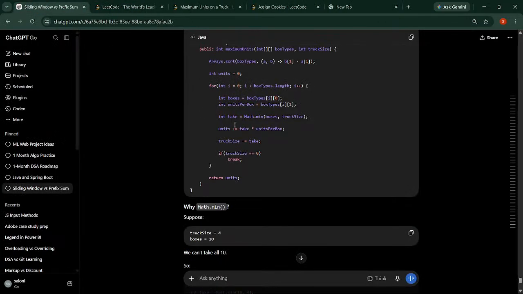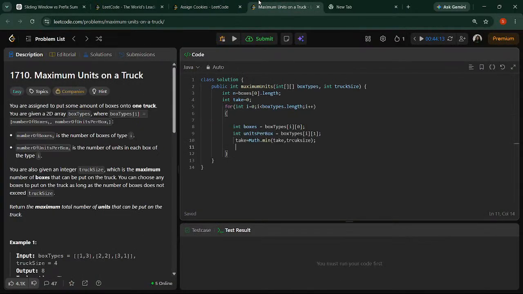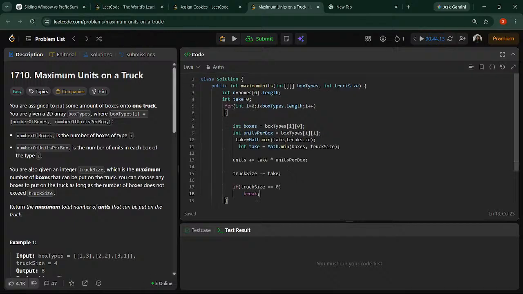Why have I taken the take inside the loop? So units plus equal to this, and we have to minus the truck size, and then we have to return the units we have used. Return units.